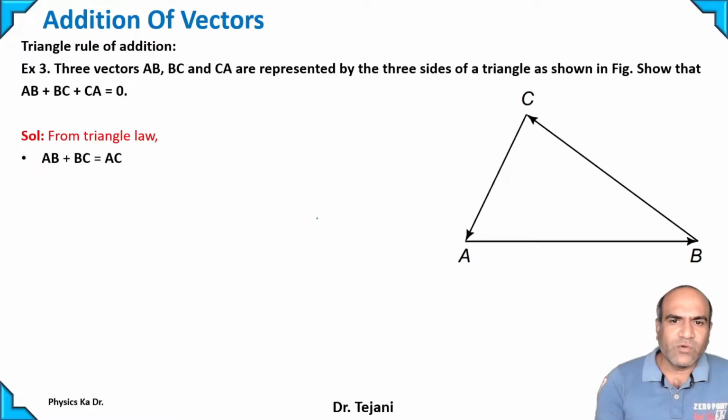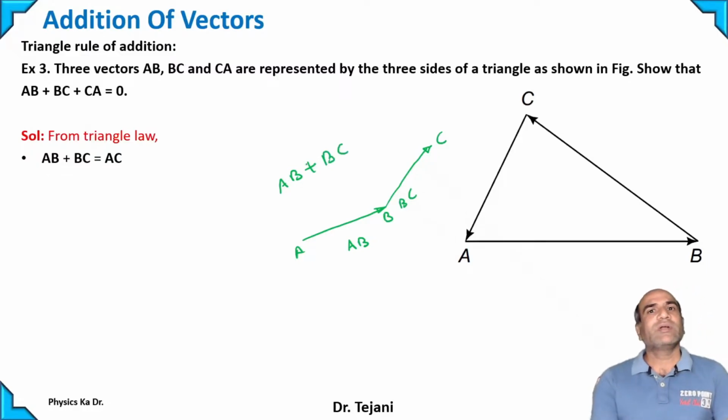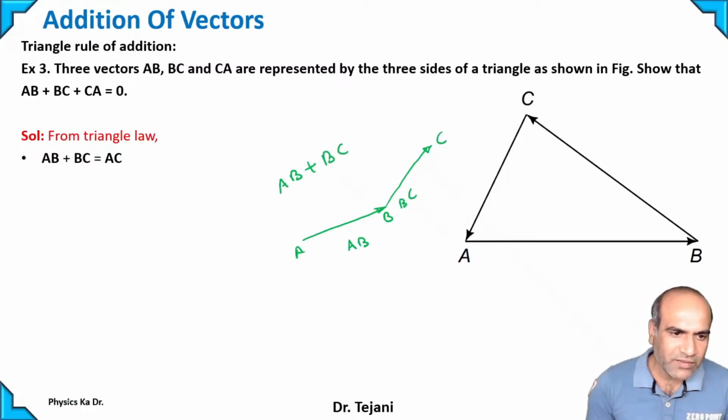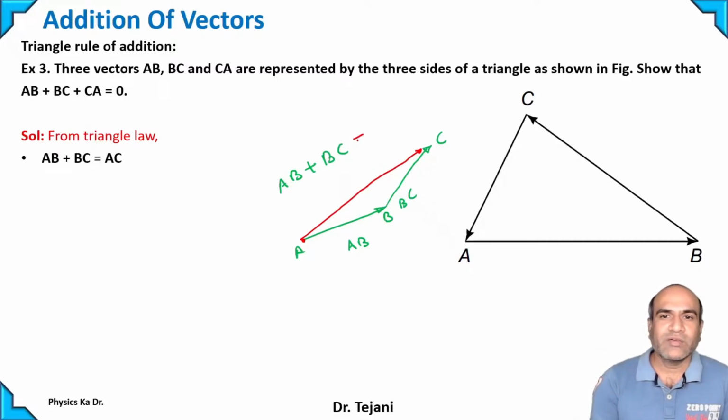From the triangle law, if the head is meeting the tail, whenever there is this condition, we use AB, say this is A, this is B, this is C. So here AB plus BC from the rule of triangle, and then if you join this tail with the head of this, that becomes AC.